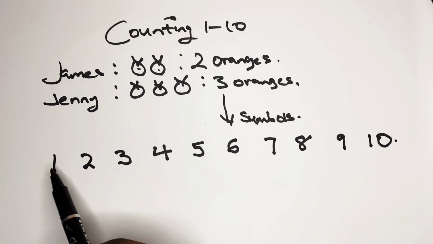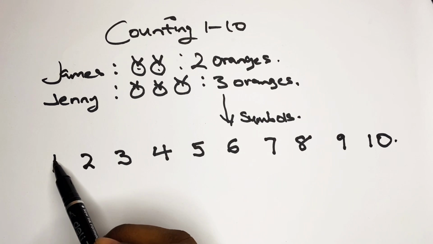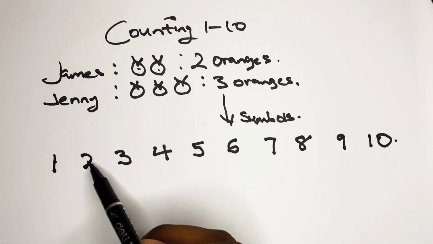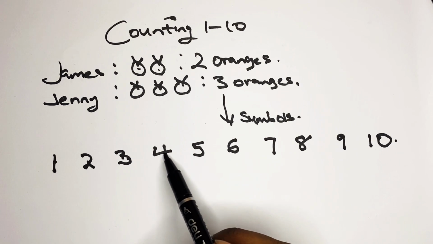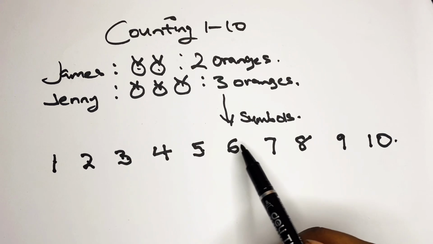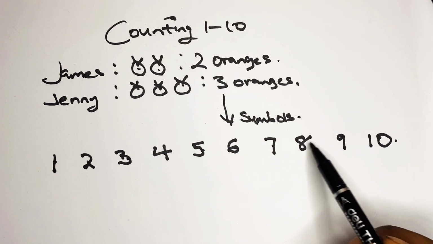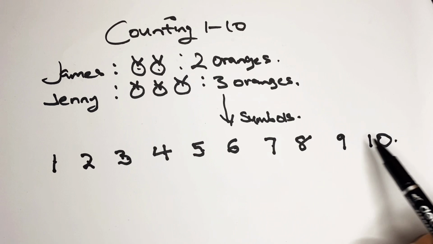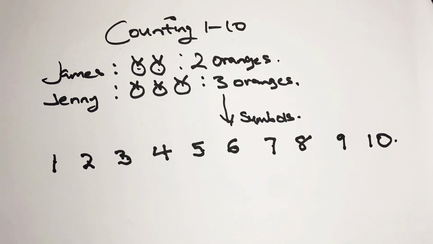You can notice this, they have order. This means that 1 comes before 2, and 2 comes before 3, and 3 comes before 4, and 4 comes before 5, and 5 comes before 6, 6 comes before 7, 8 comes before 9, and 9 comes before 10. These are our first 10 counting numbers.